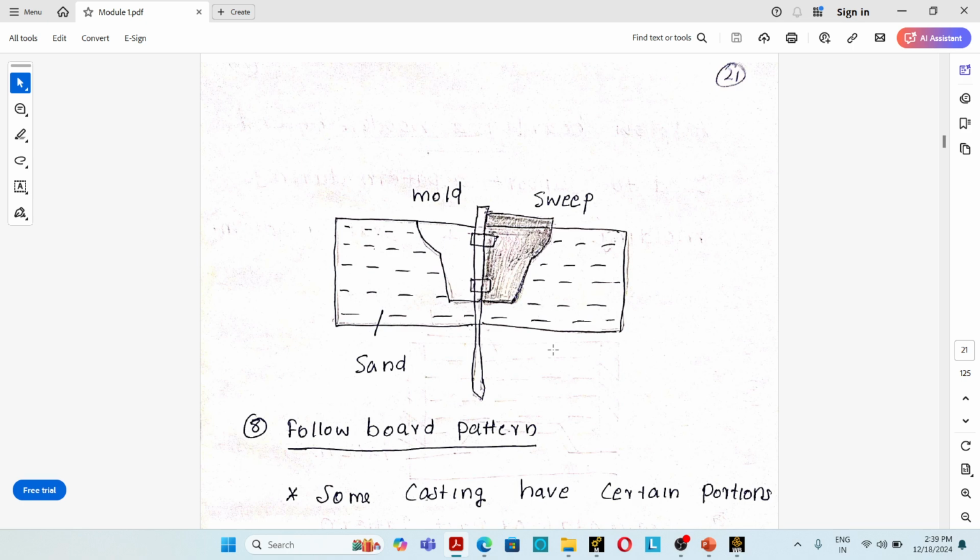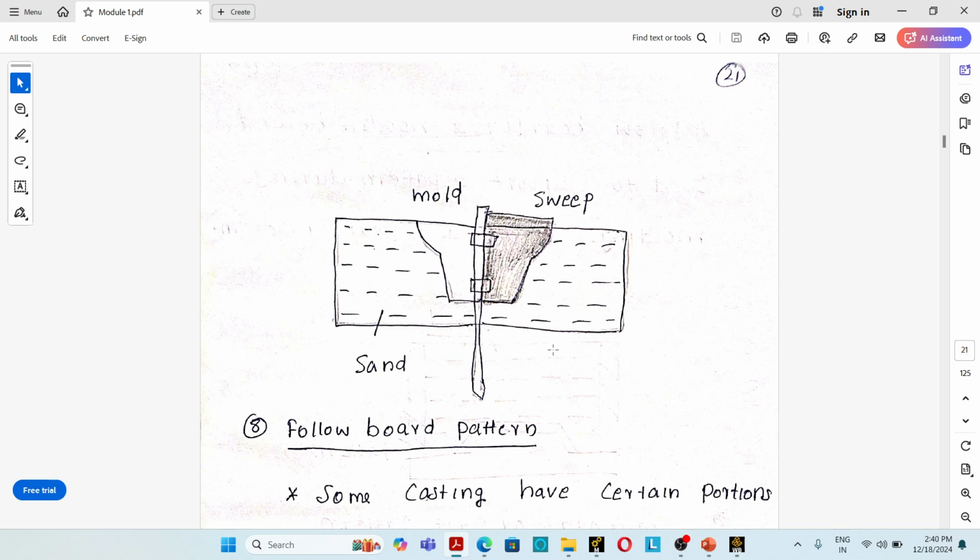It is used for large symmetrical castings. First, the casting should be large, it should be symmetrical, and it should be circular. In that case only, a sweep pattern will be used.